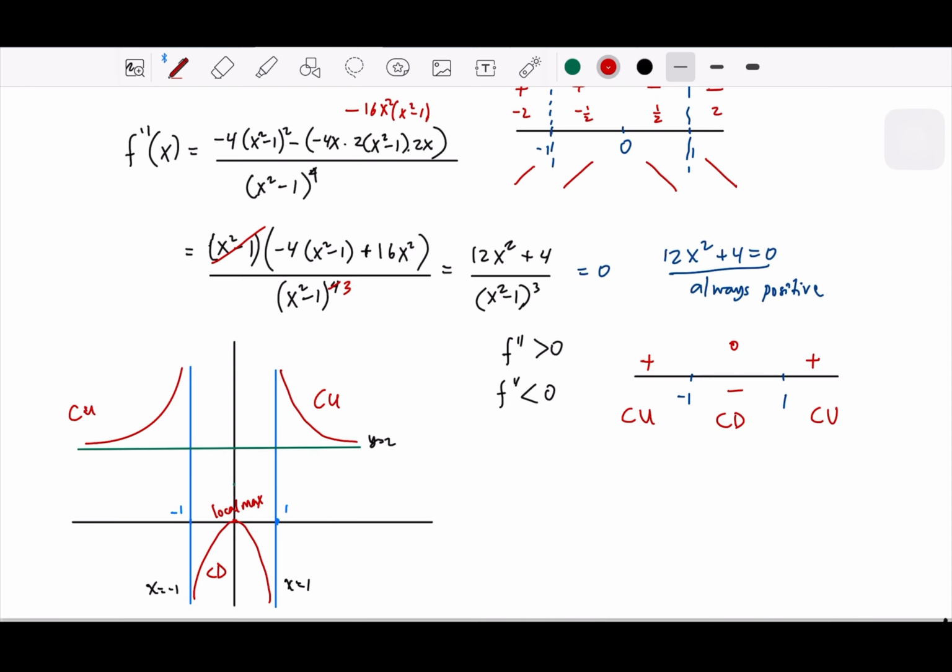I think for practice at home, you can try using calculus and then put the function into a graphing calculator or website and see whether the graph is similar or not. I think it should be similar to this.